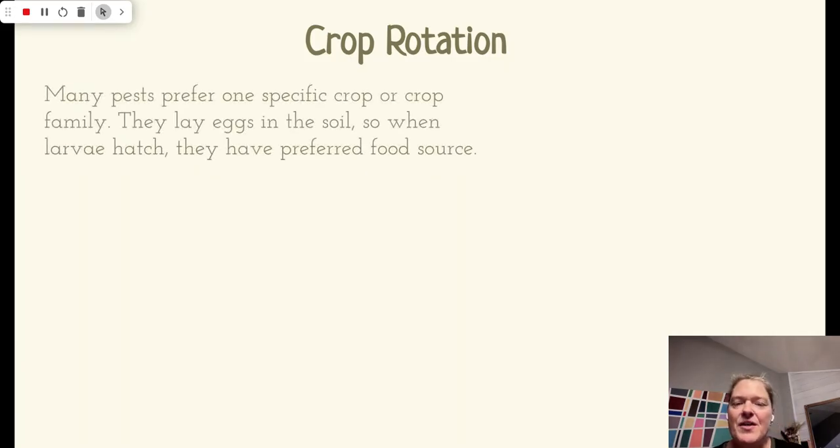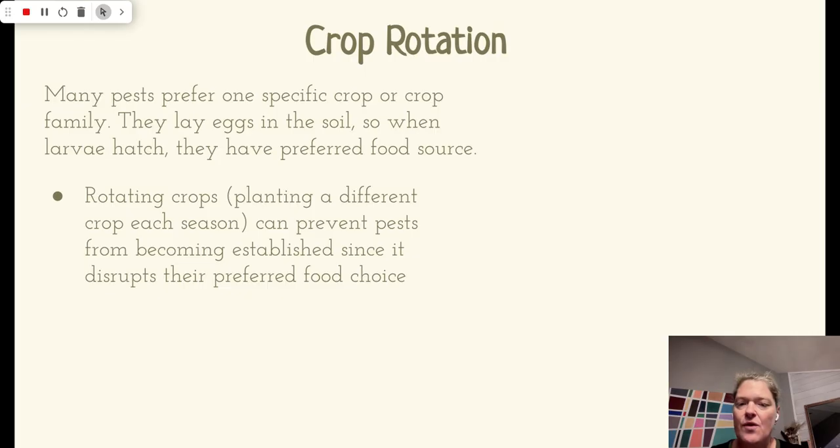Another method of IPM involves crop rotation. Many pests prefer one specific crop or a type of crop, like a type of legume. So they'll lay their eggs in the soil, and when the larvae hatch, they now have their food source.